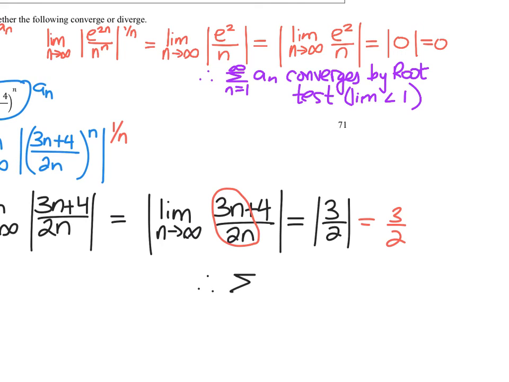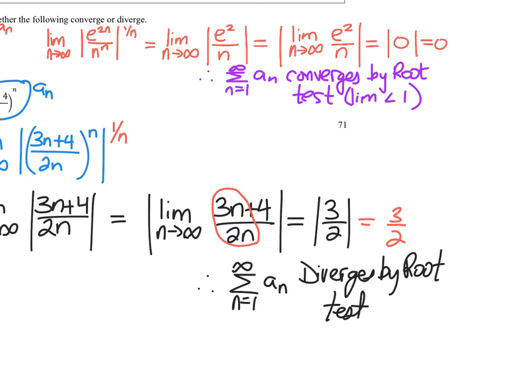And so therefore, the sum from 1 to infinity of a sub n diverges by the root test, specifically because the limit that we just got is more than 1. So if it's less than one, you're good. If it's more than one or non-existent, then you would say it diverges.